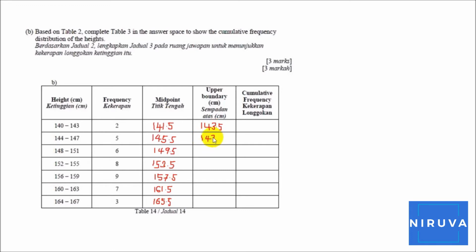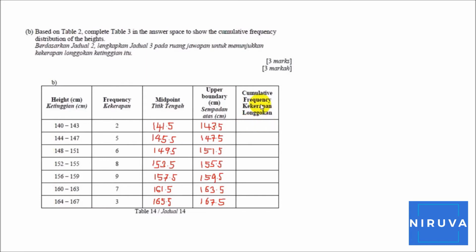So here each of the height ranges differs by 0.5, so we need to add 0.5. Okay, here 159.5, 163.5, and lastly 167.5.